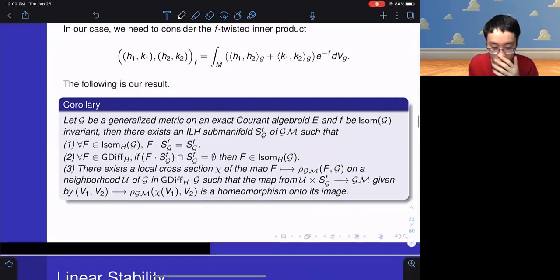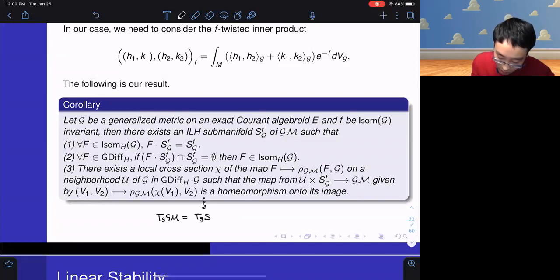Okay, and how to use this result is like this. The third condition tells you that our generalized metric can be decomposed as the part in the slice and the part in the orbit. So the tangent space should be decomposed into the tangent space of the slice and the tangent space of the orbit.